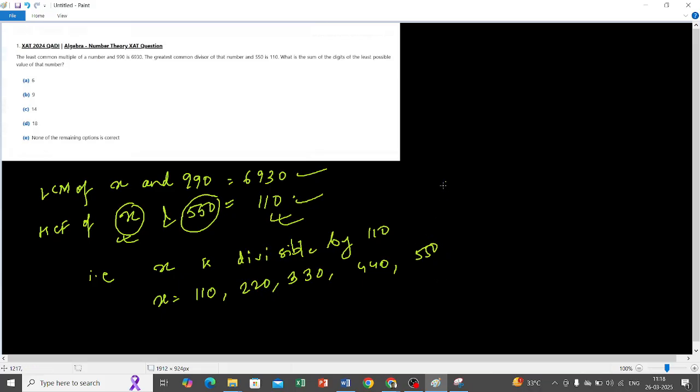But x cannot be 550, because if x becomes 550, then the HCF of 550 and 550 is 550, right? So it can be any of the other numbers.